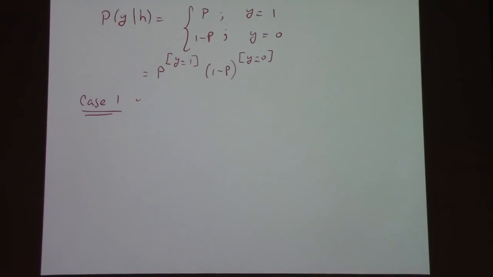Case 1, Y equals 1. When Y equals 1, the indicator that Y equals 1 equals 1. The indicator that Y equals 0 is 0. The indicator is just asking, is the value of Y 1? If it is, then say 1.